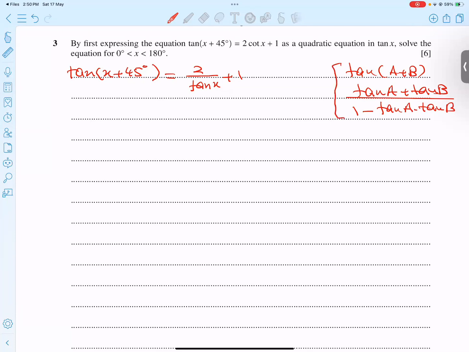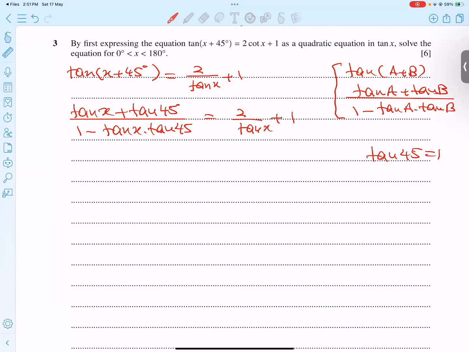So which I'm applying here. So tan x plus tan 45 over 1 minus the product of both things equals 2 over 10 plus 1. Now tan 45, if you check in a calculator, gives us 1.